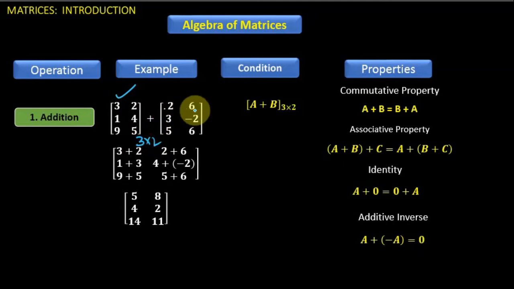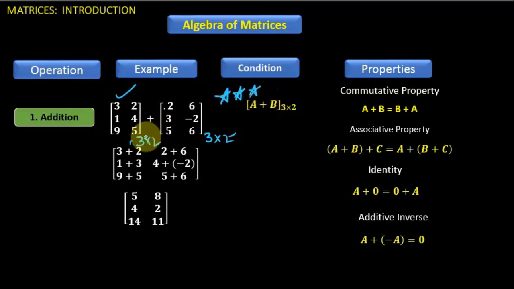What about the second matrix? Here also the order is 3 cross 2. Since the order of the two matrices is equal, it is possible to add these two matrices. Otherwise, we cannot add. This is a very important condition. The order must be equal, then only we can add.